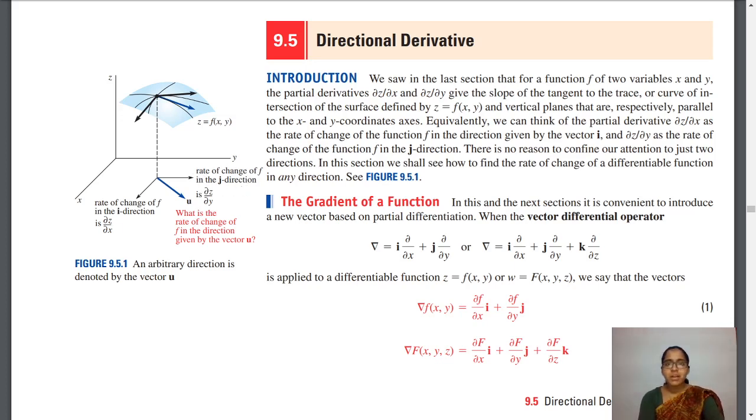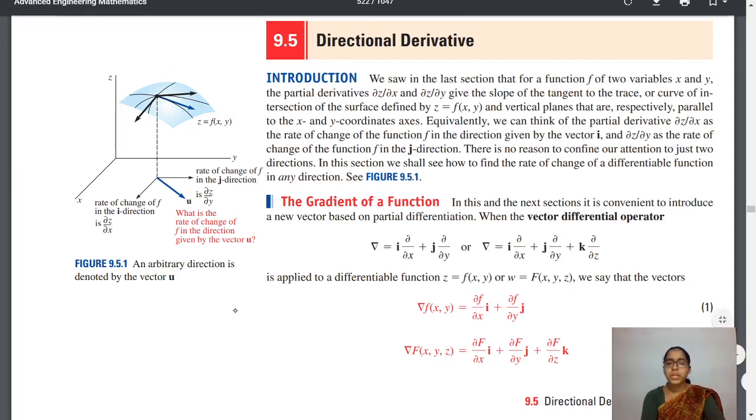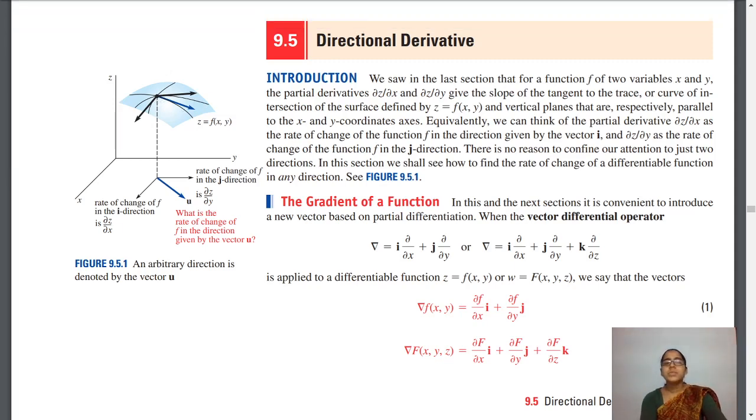Next we will think about the rate of change of f in any direction which is tangent to this surface. That is how the concept of directional derivative comes up. We are going to find the derivative in any particular direction which is given to us.